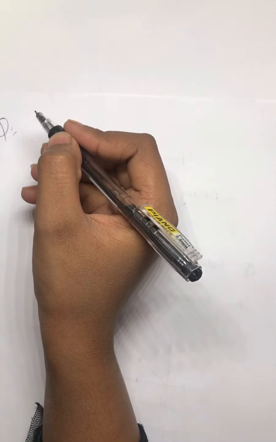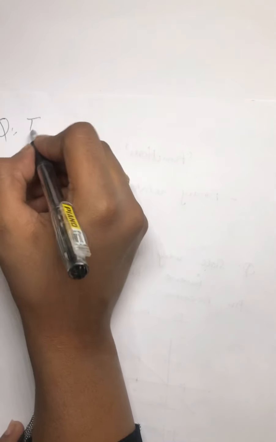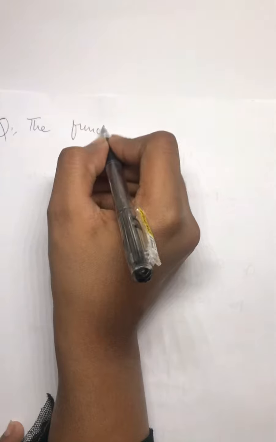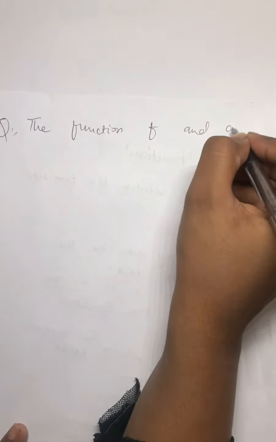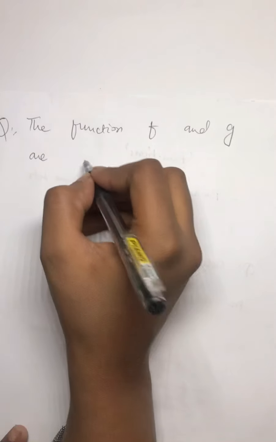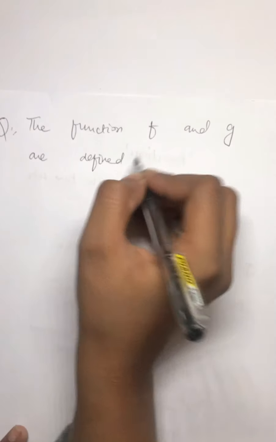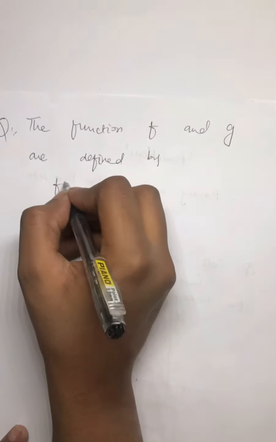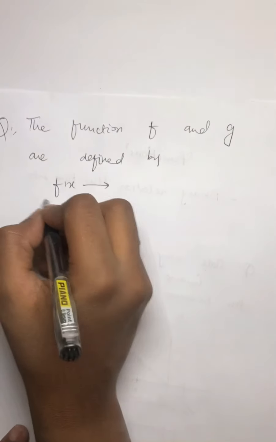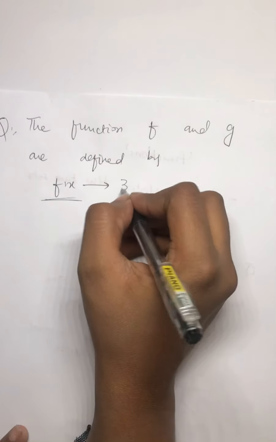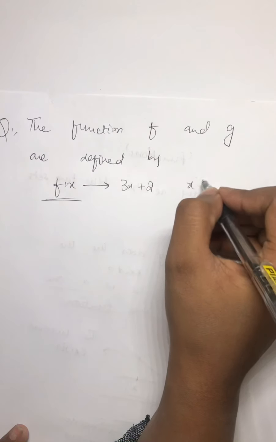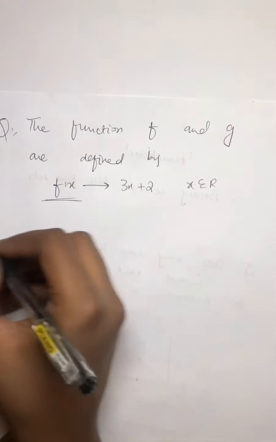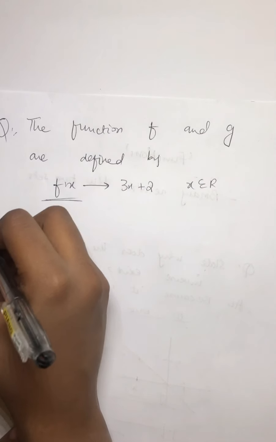So let's move on and take an example of a question. The functions f and g are defined by f of x. This is a function. f of x is 3x plus 2 and their domain is x belongs to R. Basically, let me tell you guys about domain.